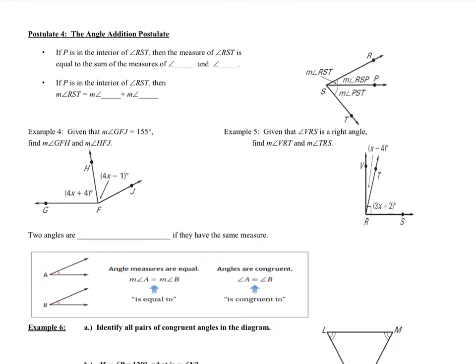Postulate 4, the angle addition postulate. If P is in the interior of angle RST, then the measure of angle RST is equal to the sum of the measures of angle RSP and angle PST.